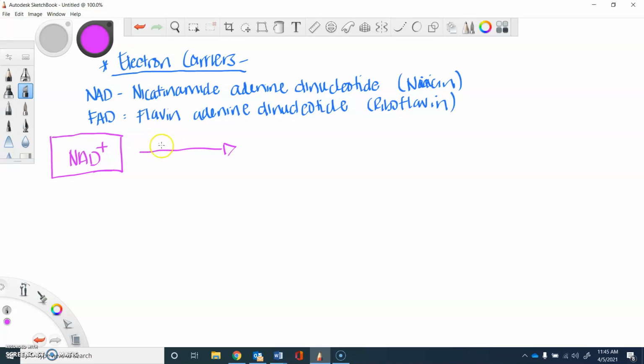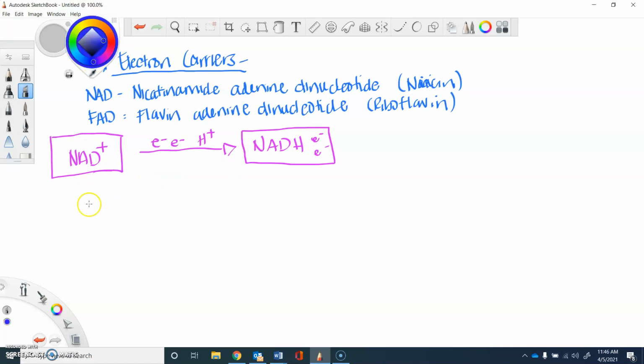So it can take on 2 electrons and a proton, a hydrogen ion. Okay, when it does that, it becomes NADH, and it's holding on to those electrons.